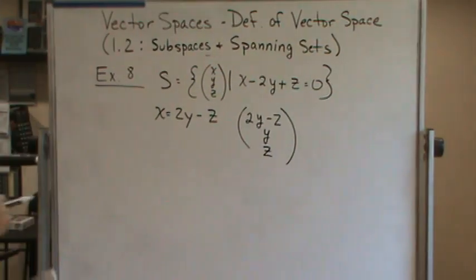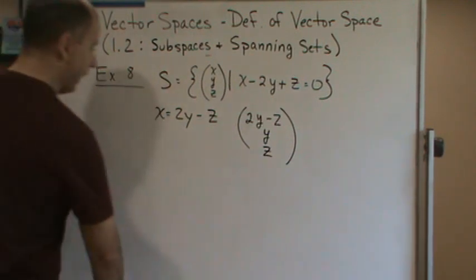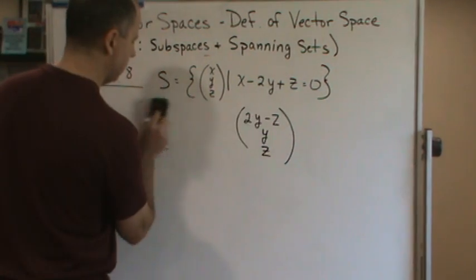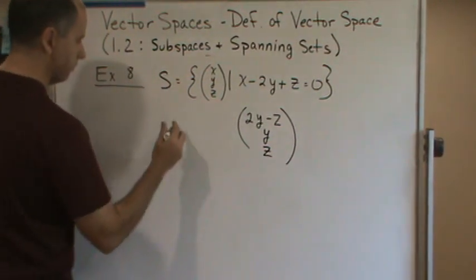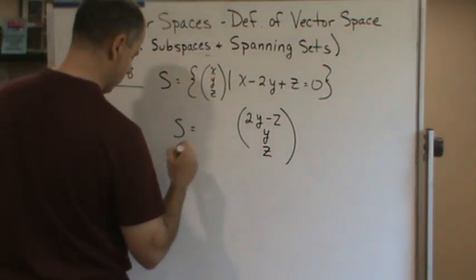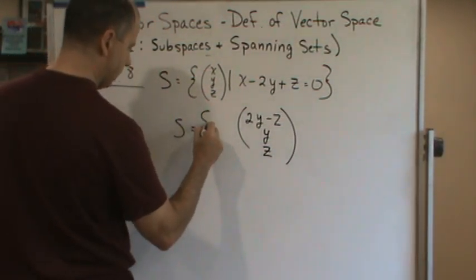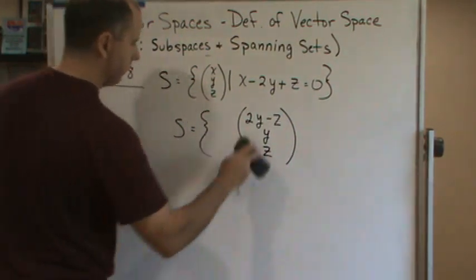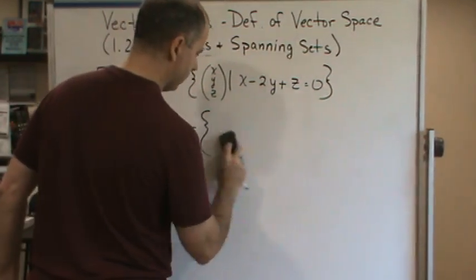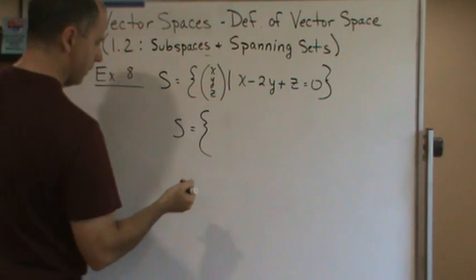So our vector would just be 2y minus z, then y, and then z. That would be the way we would write the vector. And so we could write S like this.